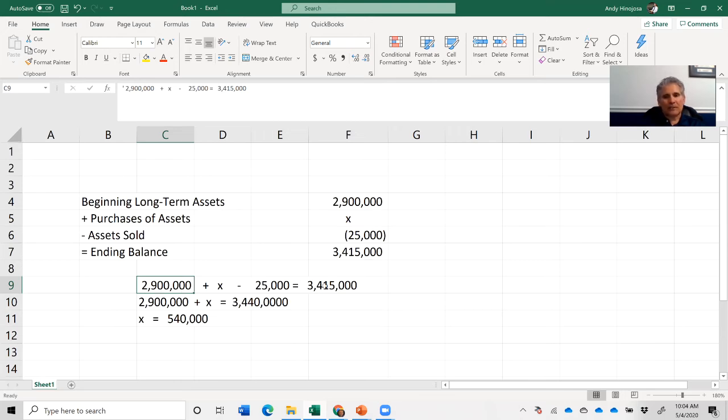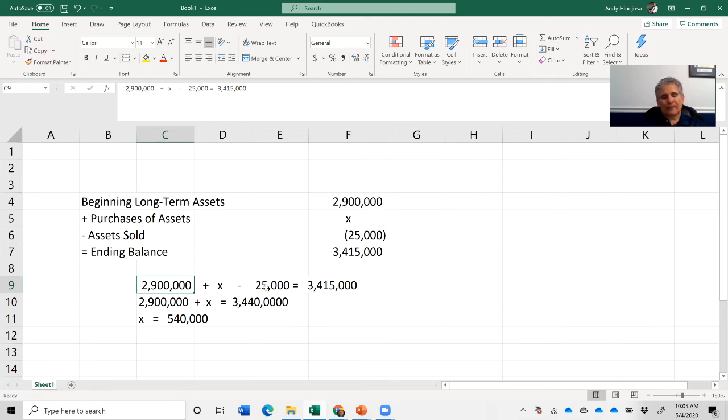Using our pre-algebra skills, we should be able to solve for X. First thing we're going to do is add 25,000 to both sides of the equation. Negative 25,000 plus 25,000 is going to give us 0, so this will disappear. Adding 25,000 to the right side gives us 3,440,000.